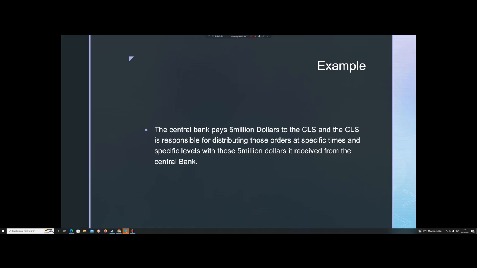I hope you already know what the CLS is and what the 90-minute cycle is. In the next chapter you will be learning about the CLS time intervals.